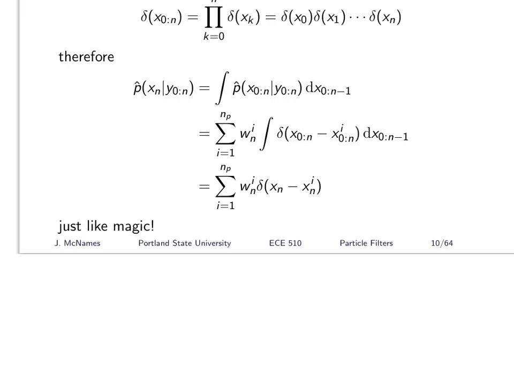We end up integrating a bunch of impulses, and those impulses just end up having unit area by definition. And so our marginal is just equal to the same weights and the sum of impulse functions located where our states, these particle trajectories, happen to be at time n. So that's our PDF, and from that you can calculate the mean or whatever it is you're interested in.